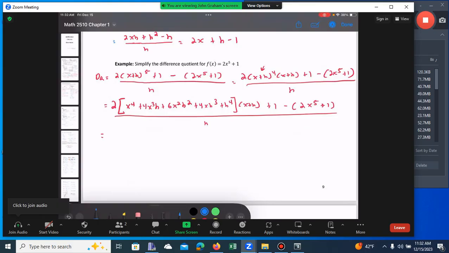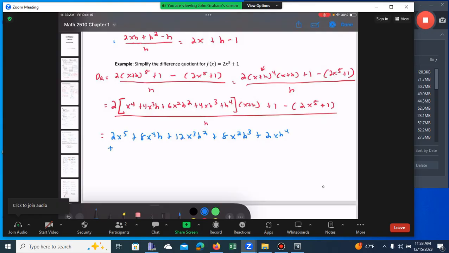So 2x to the fifth plus 8x to the fourth h plus 12x cubed h squared plus 8x squared h cubed plus 2x h to the fourth, plus, and then we multiply everything by 2 and h.